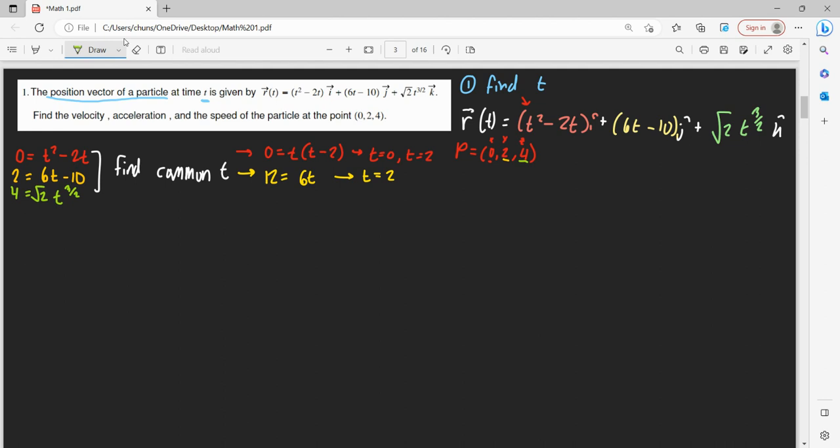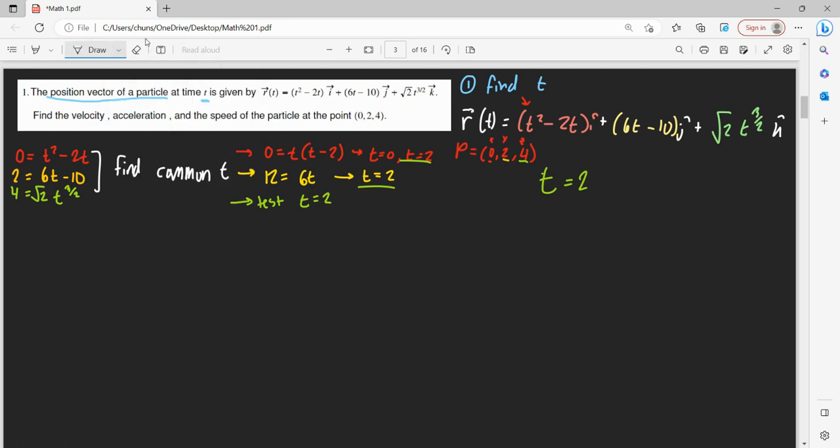Square root 2 times 2 to the 3 over 2 gives us 4. So test t equals 2. How do we know to use t equals 2? For both of our equations, t equals 2 is a common value. So now we know t is equal to 2.